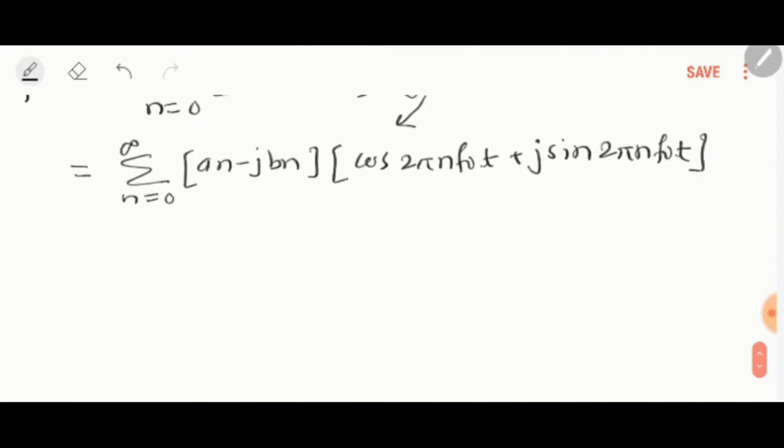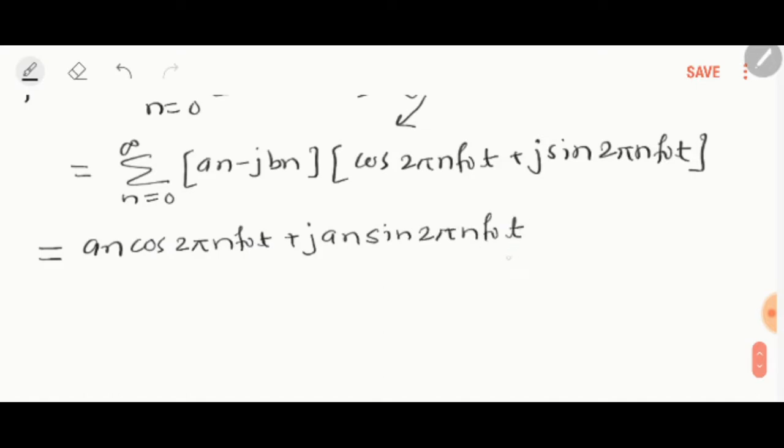Let us distribute this, multiply these brackets. So we'll get an cos 2 pi n f naught t plus j an sine 2 pi n f naught t minus j bn cos 2 pi n f naught t, minus j multiplied by j, that is minus j square, will be plus 1.